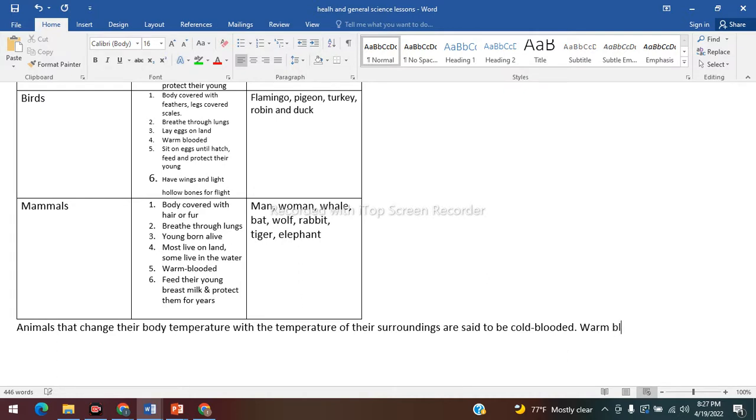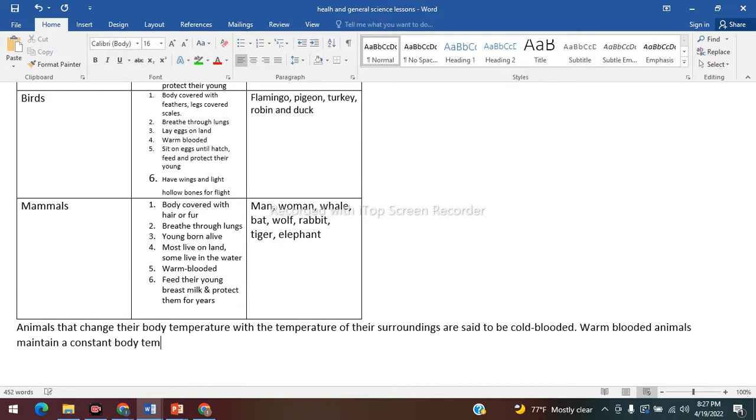What should our body temperature be? 98.6. Above 99, you want to check with the doctor. That's what they give us on the exam.